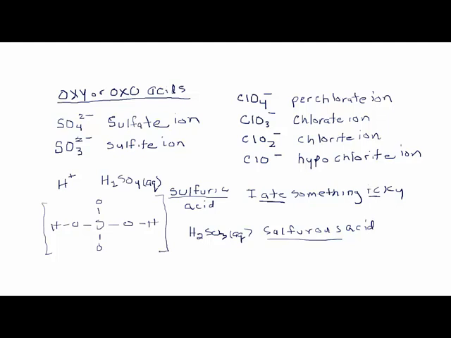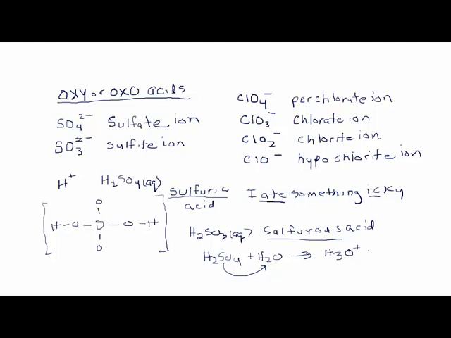Now, I agree, once we put it in water, what happens is sulfuric acid reacts with water. I'm going to use the Bronsted-Lowry definition. Bronsted-Lowry definition says an acid donates a hydrogen ion to water, and the water becomes the hydronium ion, which is what gives an acid its chemical properties.